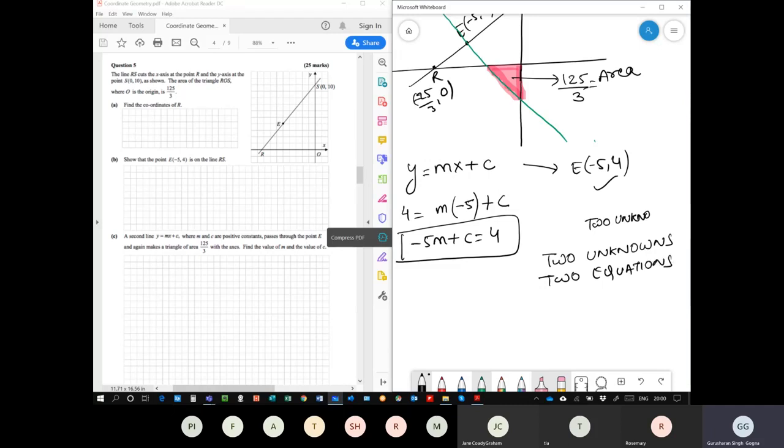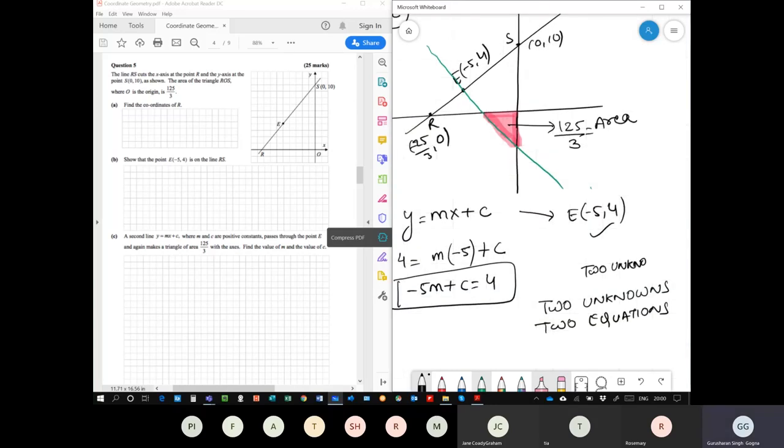Since you have two unknowns m and c, you need two equations in m and c so that you can solve it and get the value of m and c. So you got one equation, which is minus 5m plus c equal to 4. How will you get the other equation? The other equation we can get using this area.